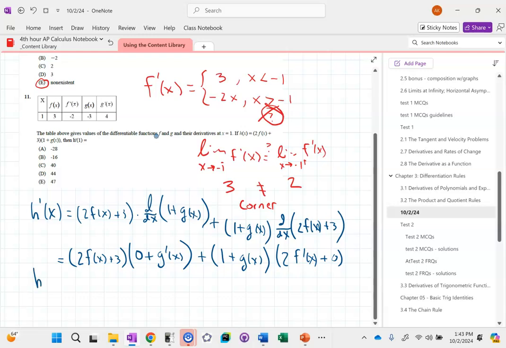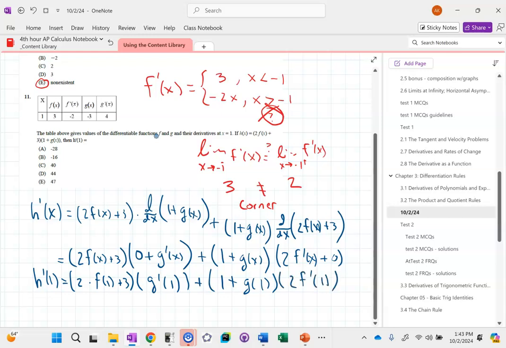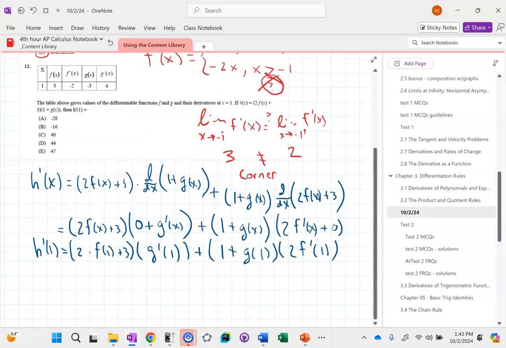So now if I want h prime of 1, I want 2 times f of 1 plus 3, times g prime of 1, plus 1 plus g of 1, times 2f prime of 1. So far, so good?